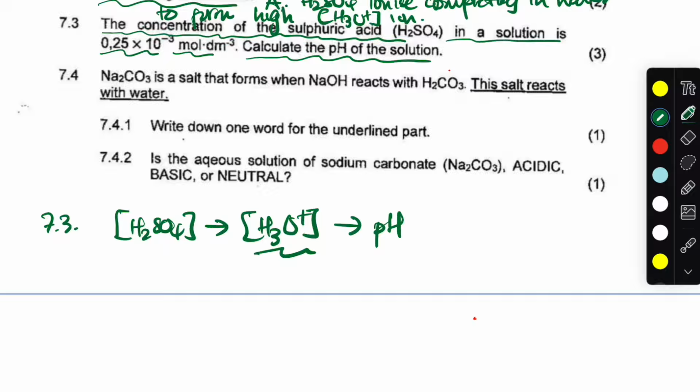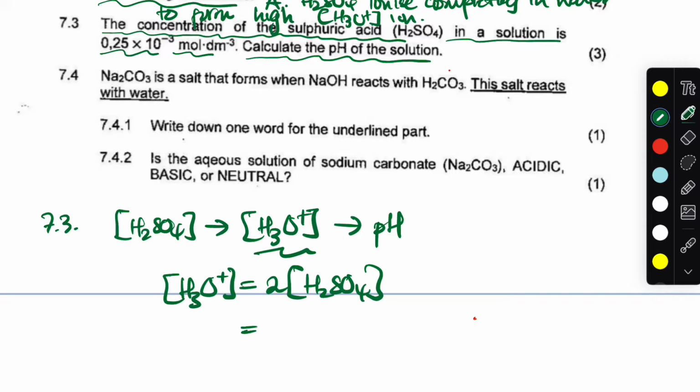So what are we going to do now? The concentration of hydronium ion is equal to 2 times the concentration of what? Of sulfuric acid, because sulfuric acid is diprotic. So the concentration of hydronium is 2 times the concentration of sulfuric acid, since it's diprotic.